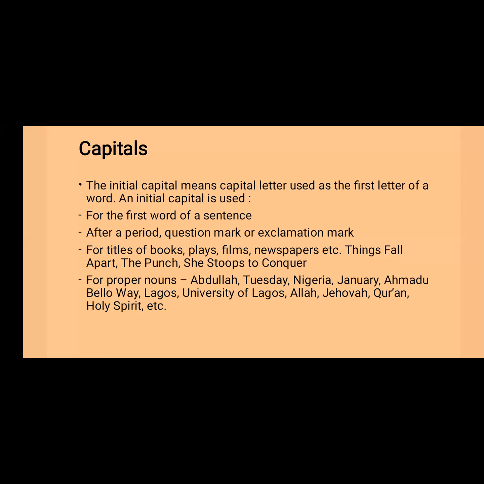Even traditional titles, the King of England, the Aláàfin of Ọ̀yọ́, the Ọọ̀ni of Ife, the capital T, Ọọ̀ni capital O, of small o, Ife capital I, the Oba of Lagos, the Emir of Kano, the Sultan of Sokoto. These traditional titles, the King of England, the Queen of England, the Prince of whatsoever, the Duke of Edinburgh, the Duke of Wales, or whatsoever title like that.